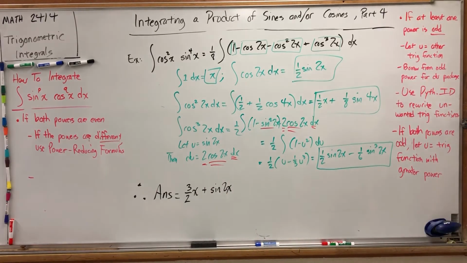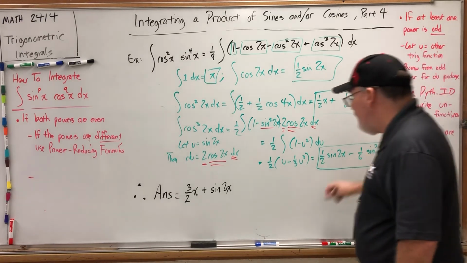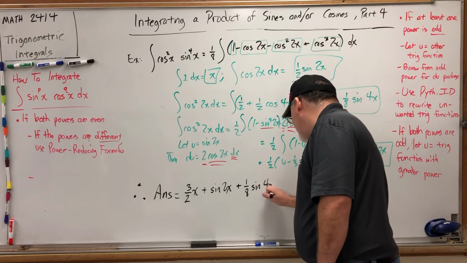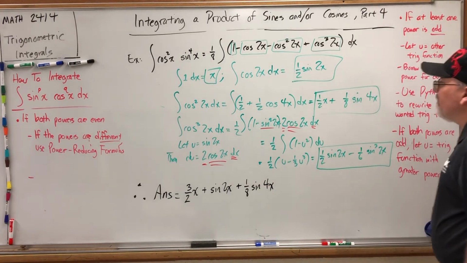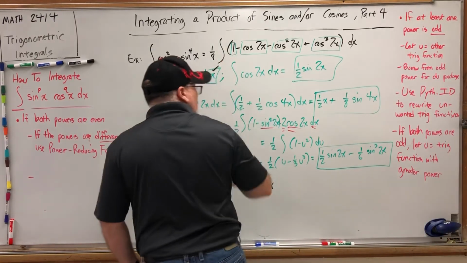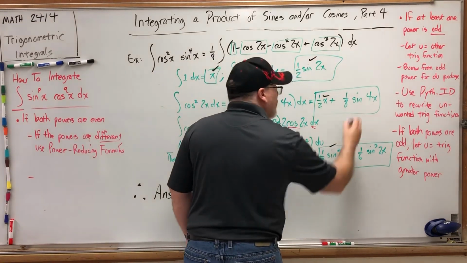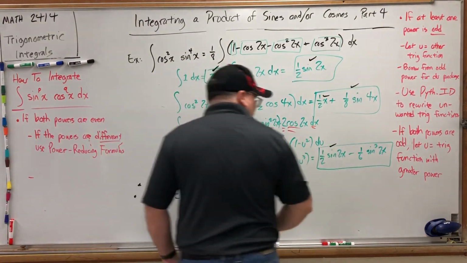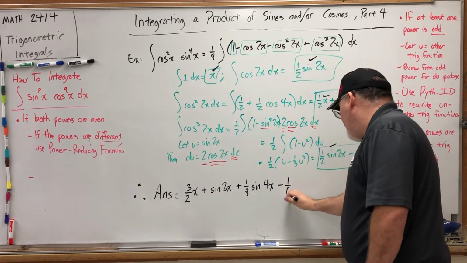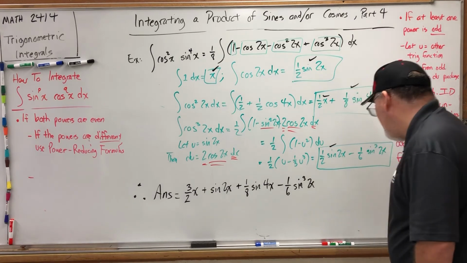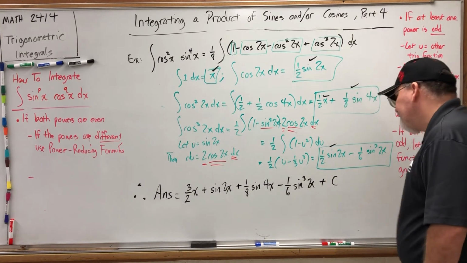Let's gather our sine 4x terms, which are here. It's the only one, plus 1/8 sine of 4x. Let me take inventory. We've taken care of all the others, and the only thing left is the minus 1/6 sine cubed 2x, and plus our constant.